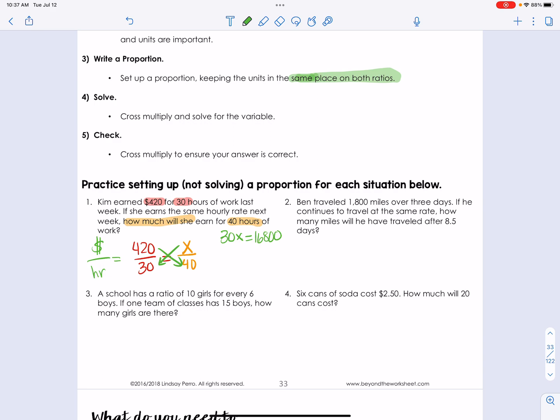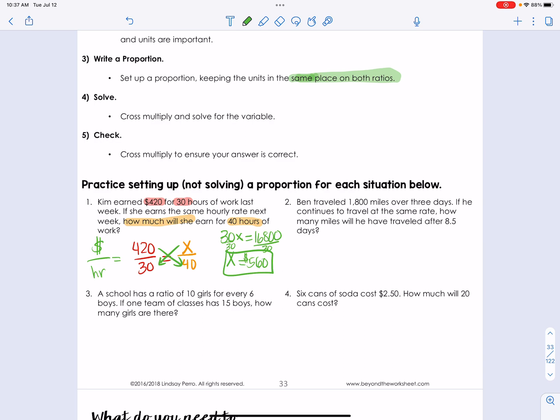I divide by 30, and my answer is $560. That's how much she would earn. Now I can check that because if I do 420 times 40, I get 16,800. So now if I do 30 times 560, I should get the same thing, and I do. So that's that last piece. You can actually check it.